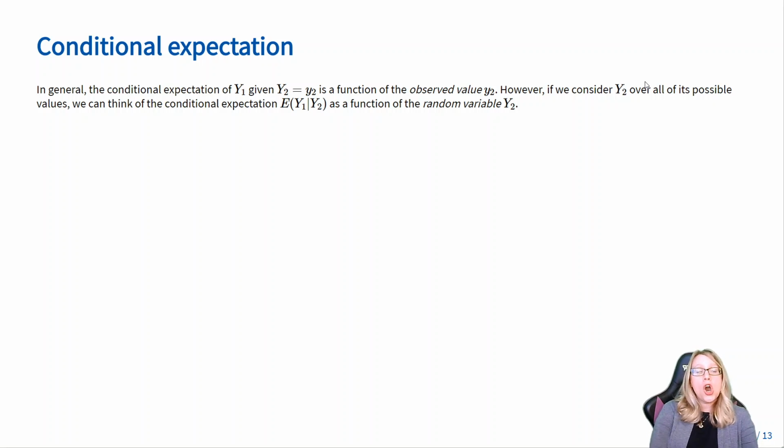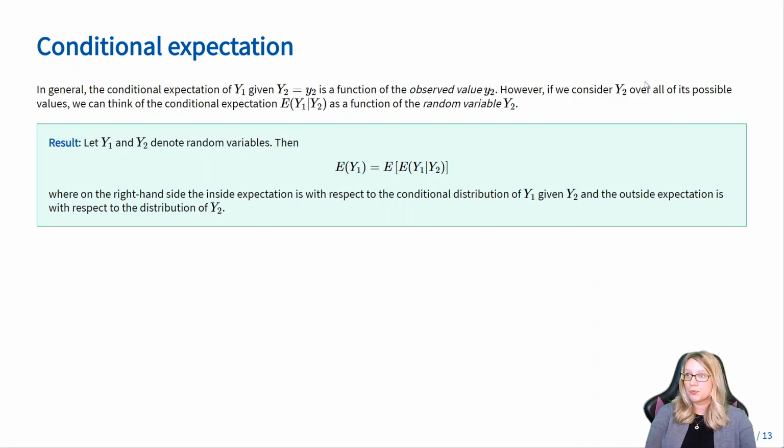We have to know what value of y2 we're observing in order to calculate that observed value, or that conditional expectation. However, we can also think of this conditional expectation as a function of a random variable. So certainly we could find this conditional expectation in terms of y2.